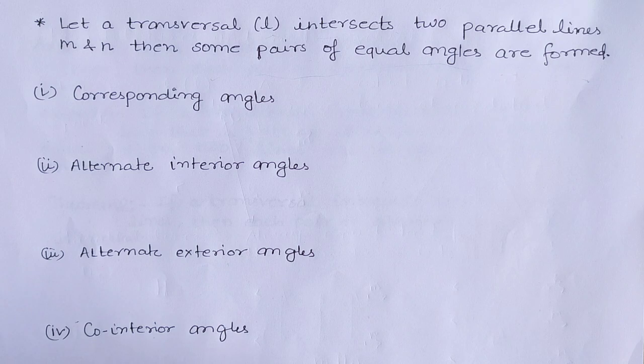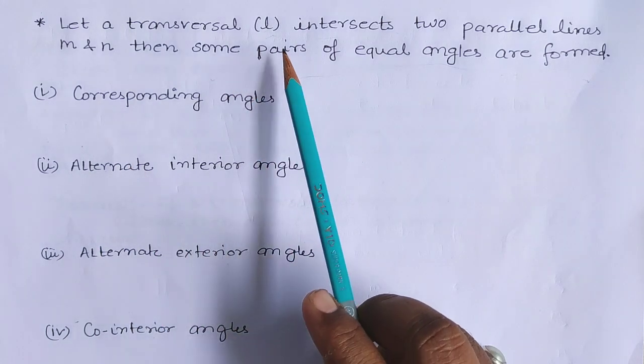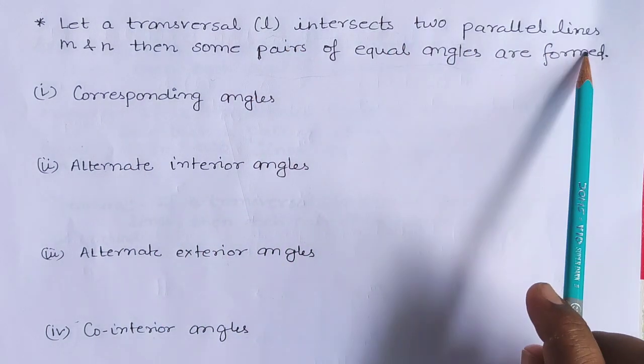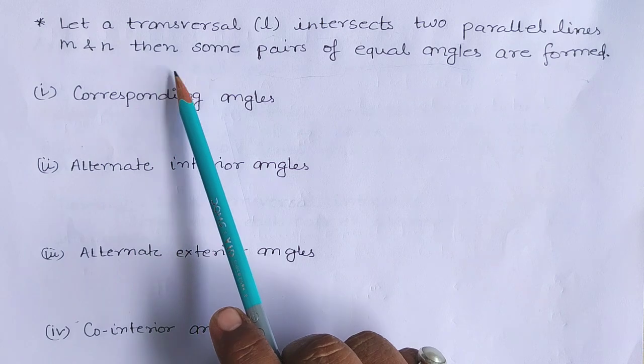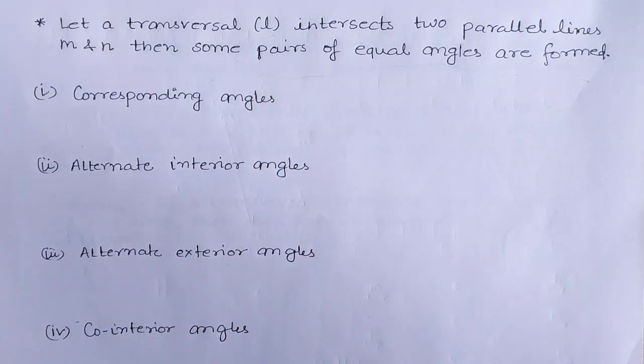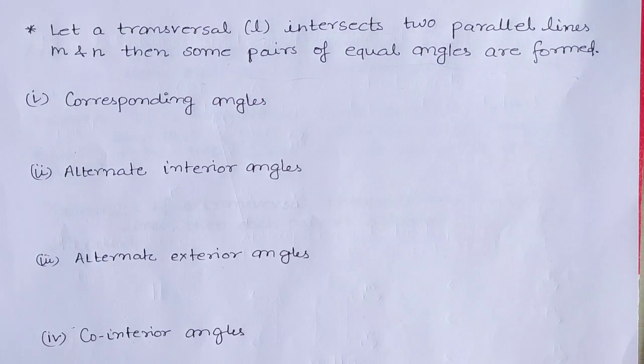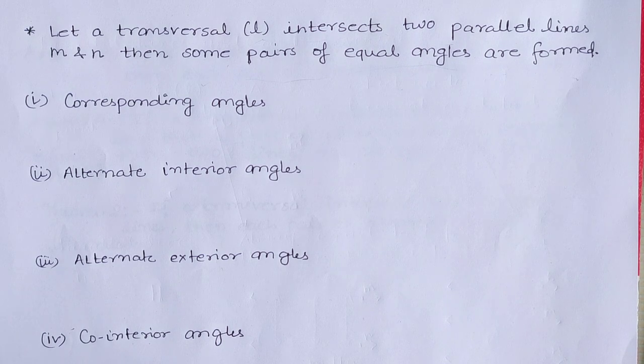Now students, we are going to cover a very important concept regarding parallel lines. The statement is: let a transversal L intersect two parallel lines M and N, then some pairs of equal angles are formed.